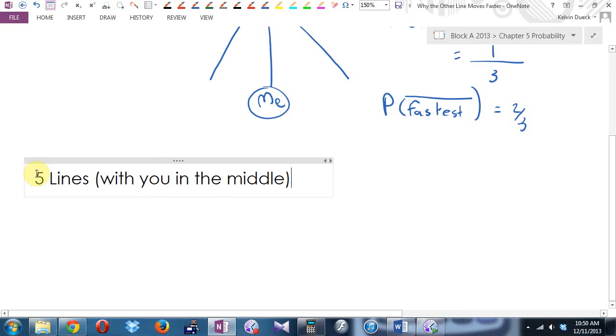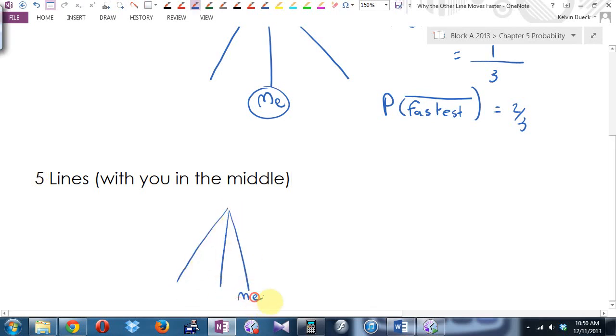What if you're in a bigger checkout area and you've got 2 lines on either side of you? Uh-oh. So we have something like this. 1, 2, 3, there's me. 4, 5. What's the probability that your line is the fastest line, assuming it's random chance, which it is over the long haul?